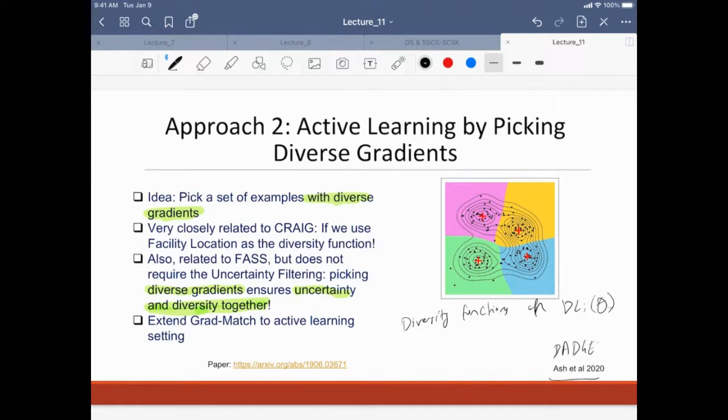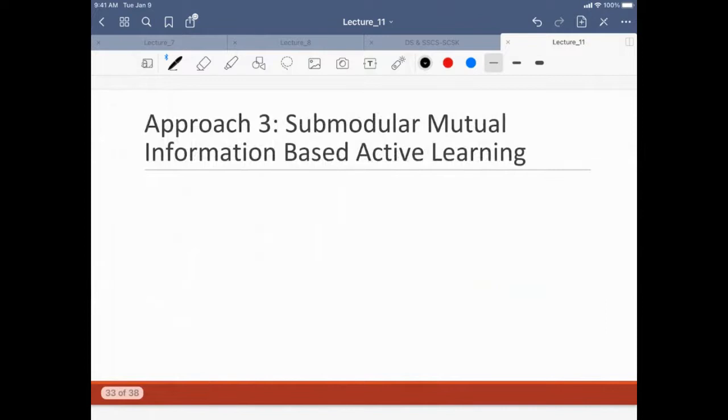Given this, we can now potentially use other submodular functions depending on the gradients. I think one interesting direction to pursue in the future is to study the effect of submodular gradients: how do submodular gradients perform with active learning? That's an interesting thing.